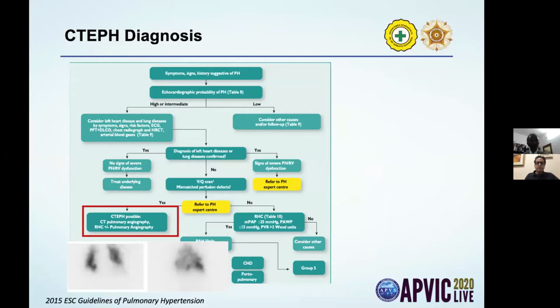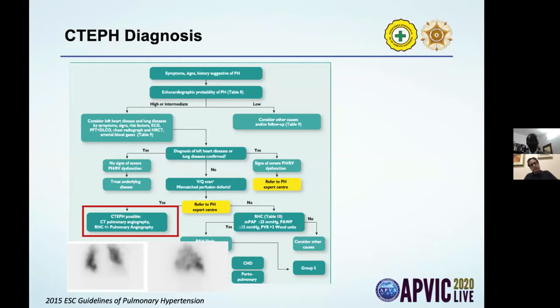When we exclude left heart disease, then unfortunately we don't have VQ scan, so sometimes we perform CT scans as a replacement for VQ scan, but actually the guidelines say you should do the VQ scan to see whether there are mismatched perfusion defects in the lung.